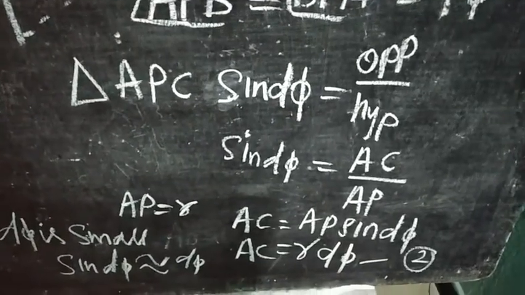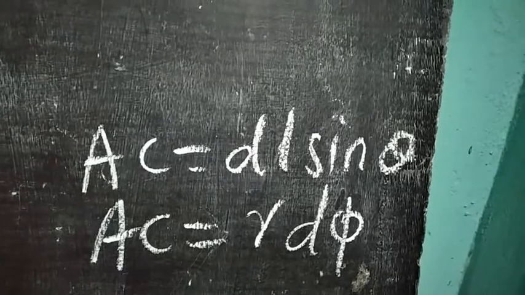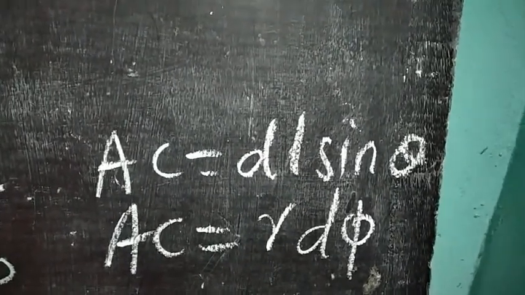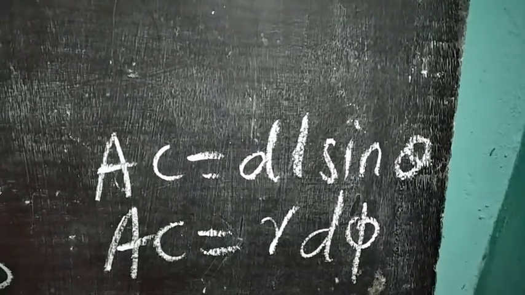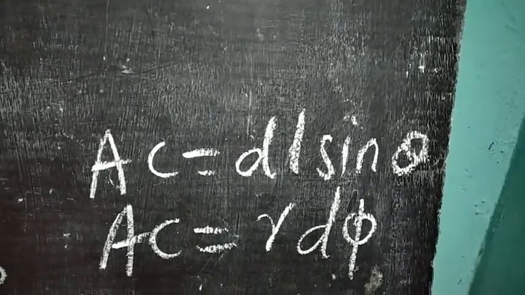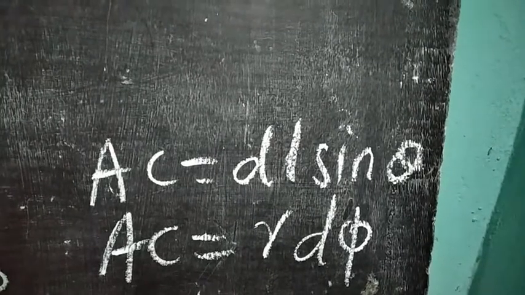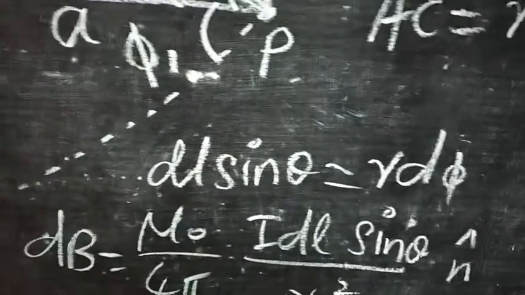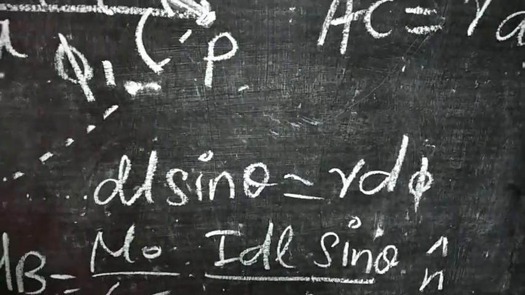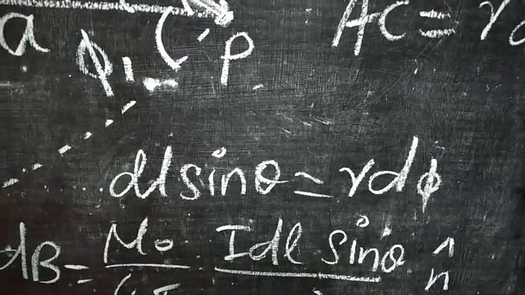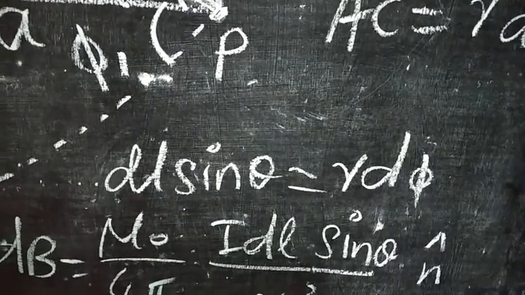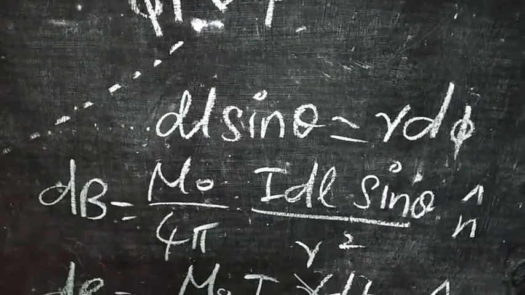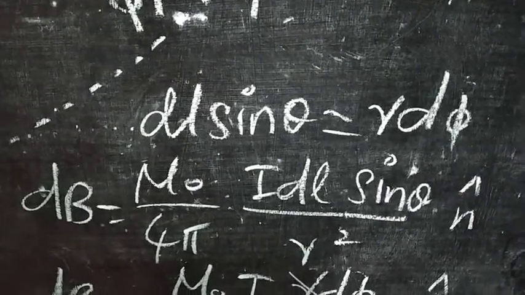This is equation 2. From equation 1, AC equals dl sin theta. From equation 2, AC equals r d phi. Both are equal, so equate these two equations: dl sin theta equals r d phi. Substitute this in dB equals mu naught by 4 pi, I dl sin theta by r square, n cap.